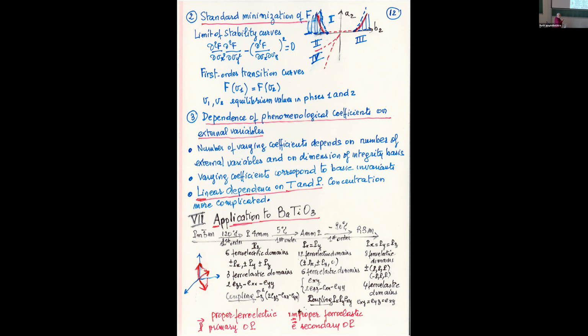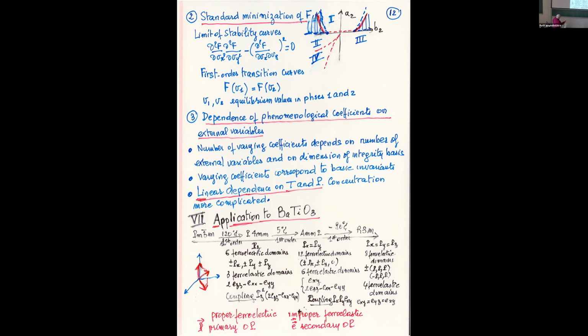It's a real deformation. It has been measured. So this is not a working example, it's a real one. And here you have 12 ferroelectric domains, and the coupling takes this form, Px, Py, Exy, and you have also something related to that.